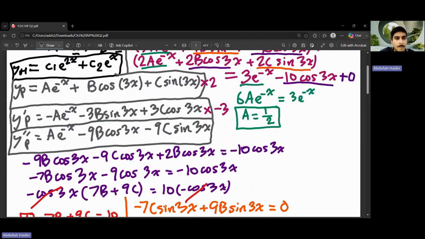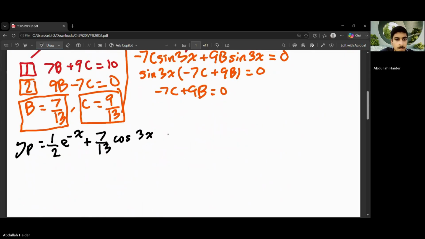Then you have c sine 3x, plus 9 over 13 sine 3x. This is your YP.